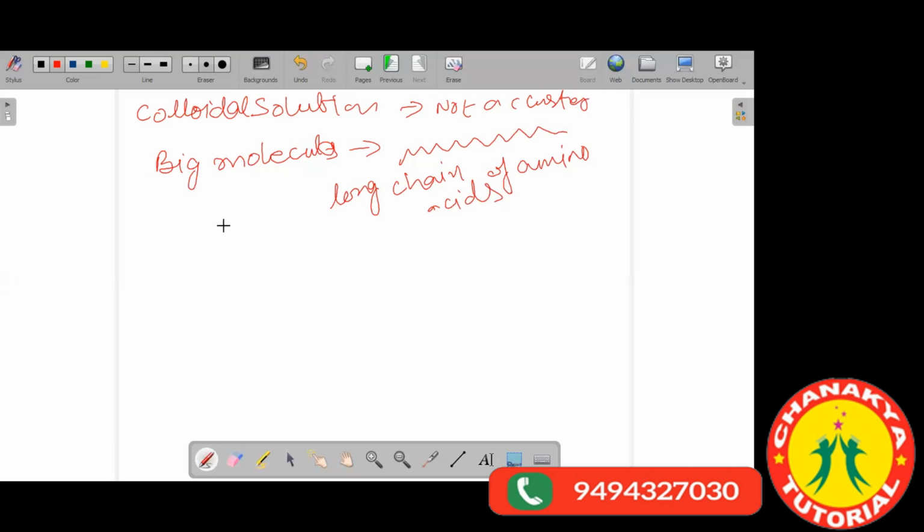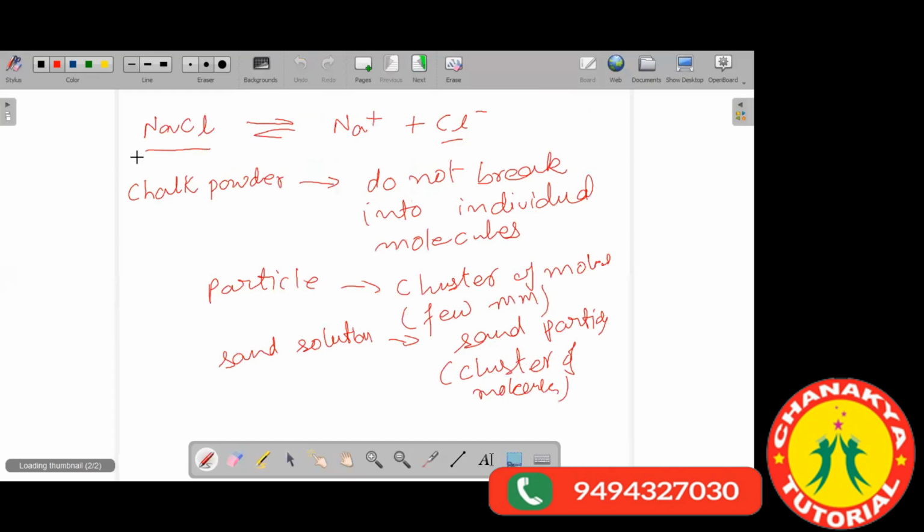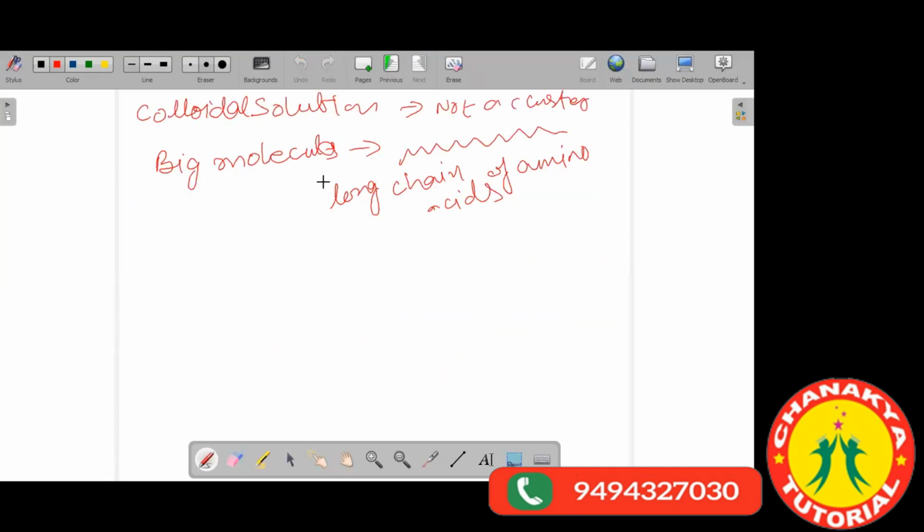So these particles are bigger in size than those of true solutions, and hence they can scatter the beam of light. Here we will observe the Tyndall effect. The size of the particles is big, but not as big as in suspensions, since these are single molecules. Starch is also a polymer.